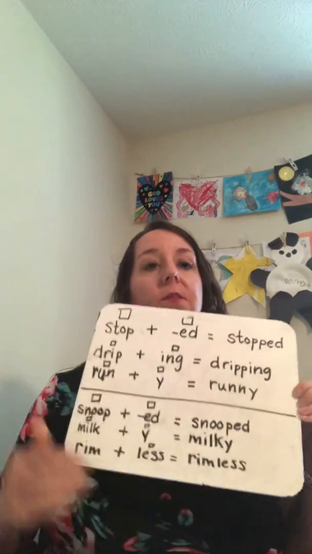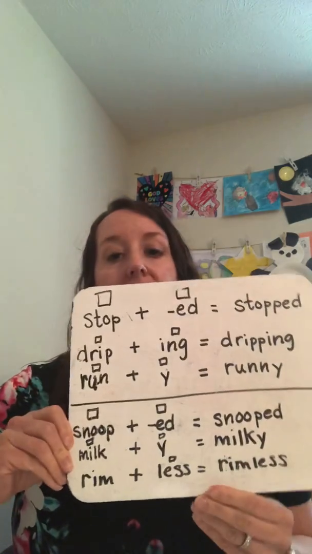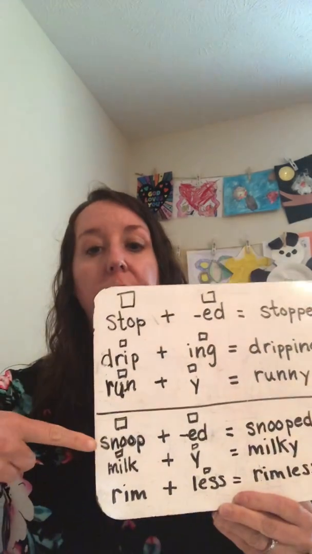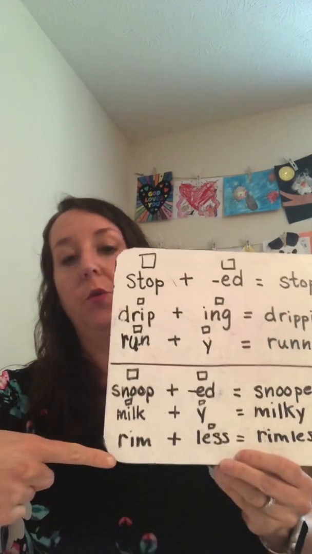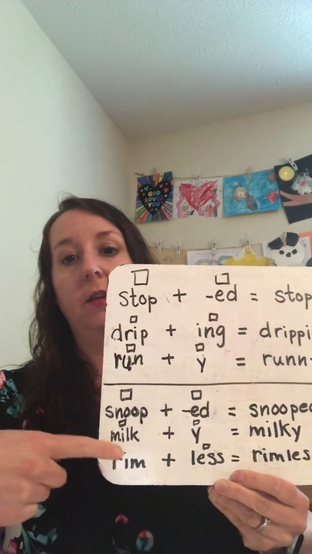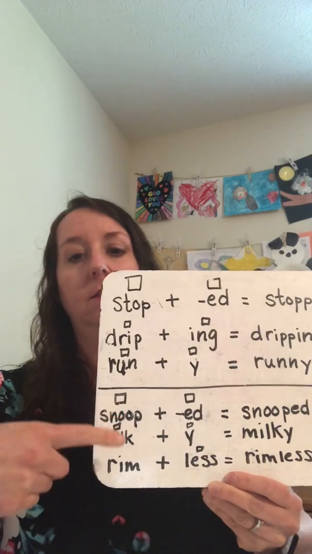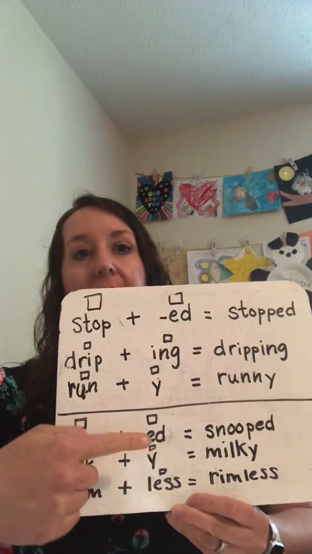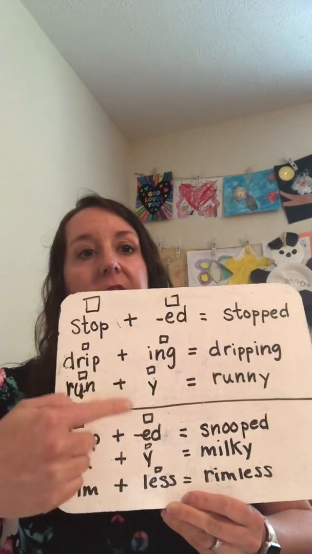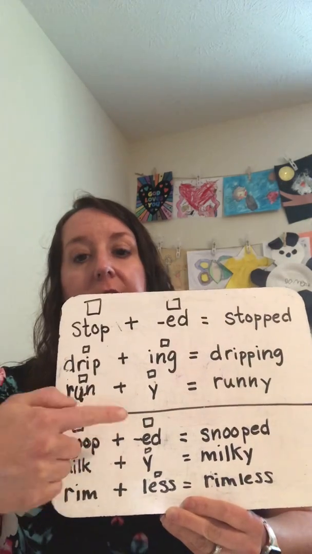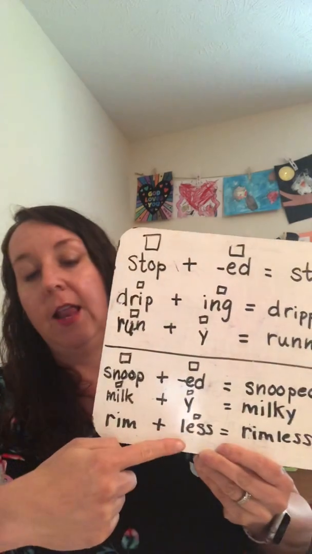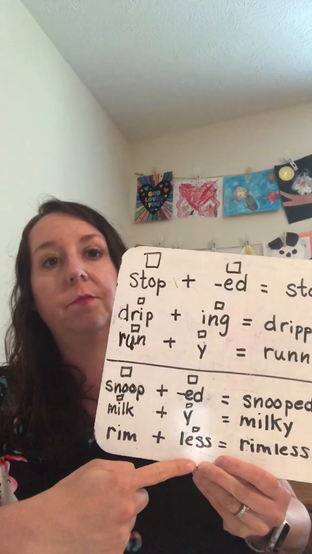Now let's take a look at some other words. Okay, so let's run through these words. We have the word snoop, the word milk, and the word rim. Okay, so again, these all end in consonants. Our suffixes are ed, y, and less.